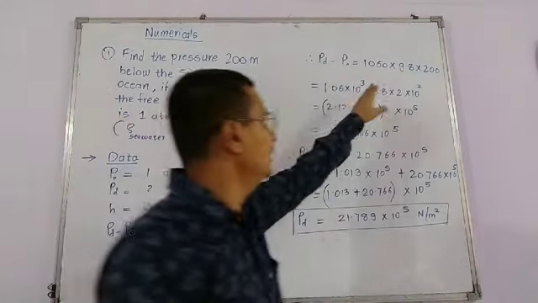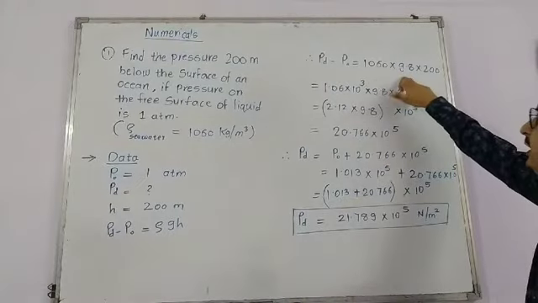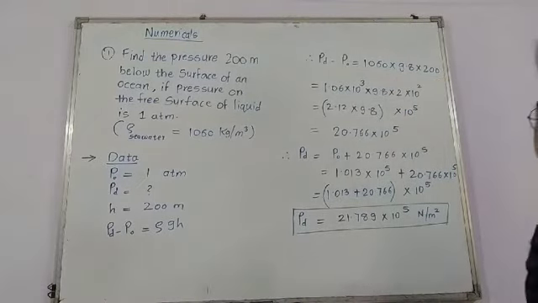So we put all the values here, that is 1060 into 9.8 into 200.